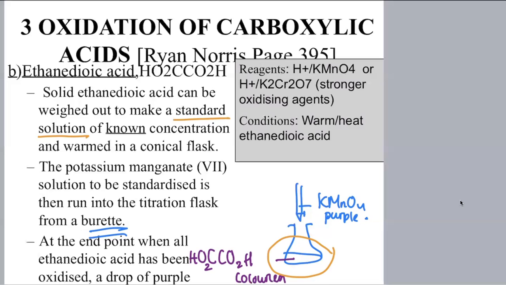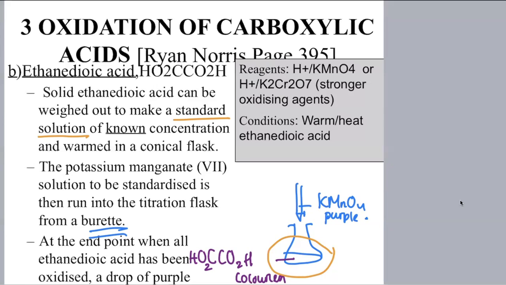Not the burette, not the pipette, not elsewhere. So the color change would be from colorless to first permanent pale pink. You don't want to see purple. If you have purple, that means you're already in excess.